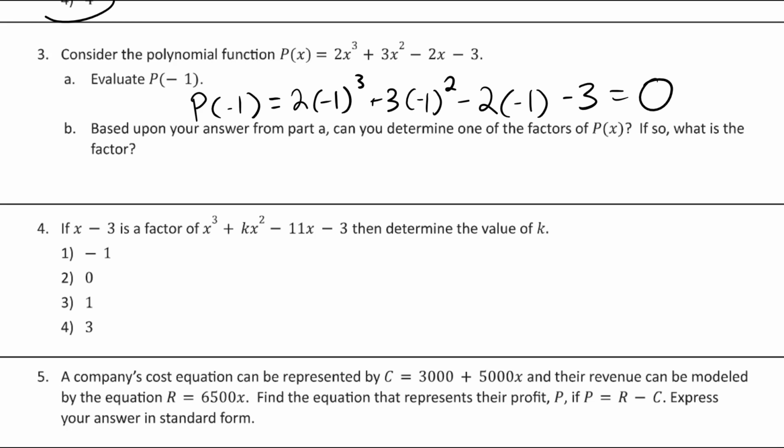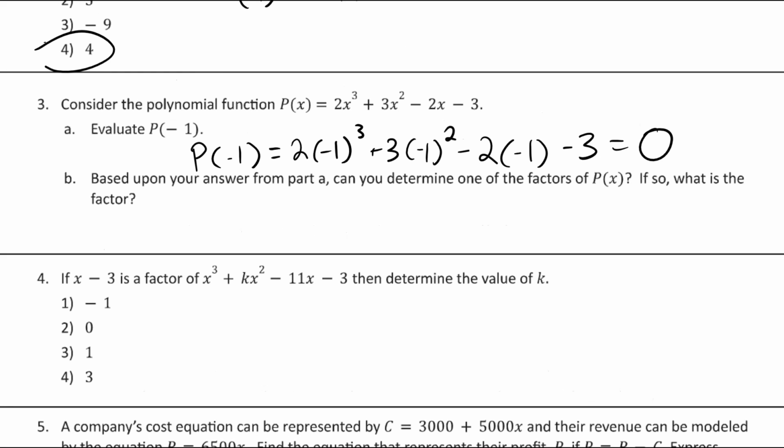And the second question says, based upon your answer from part A, can you determine one of the factors of p of x? If so, what is the factor? Well, remember the remainder theorem. If I'm plugging in negative 1 into my function, that means I'm seeing what the remainder of p of x divided by x plus 1 would be.